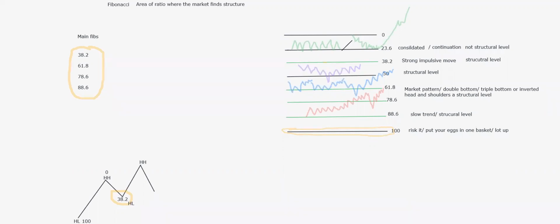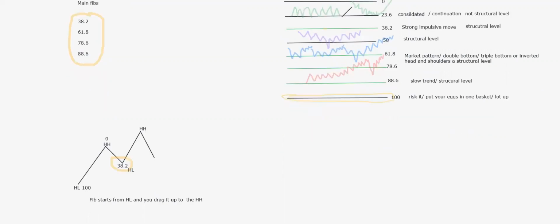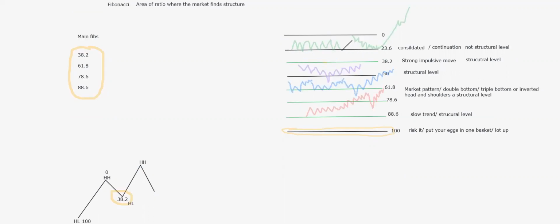But there are instances where price would change character at 38.2, right? And then it comes down to 61.8. And this goes back to our videos when I was talking about swing highs and swing lows. And I don't want to dive too much into that because that will confuse you guys.